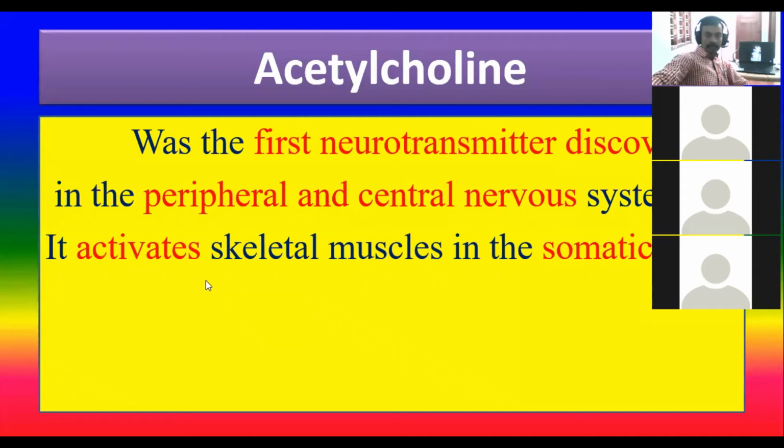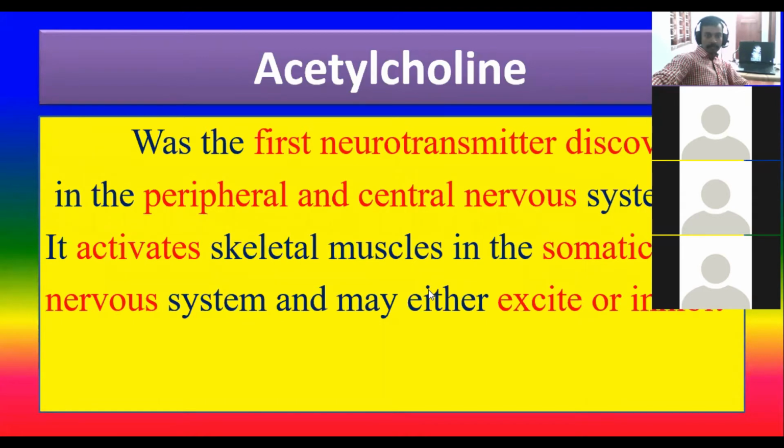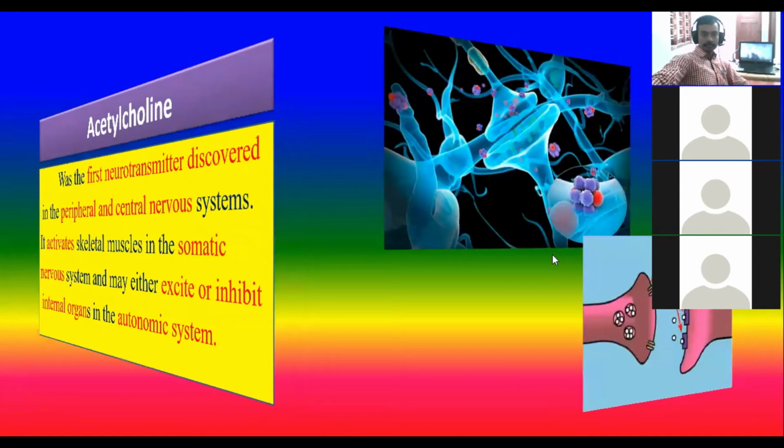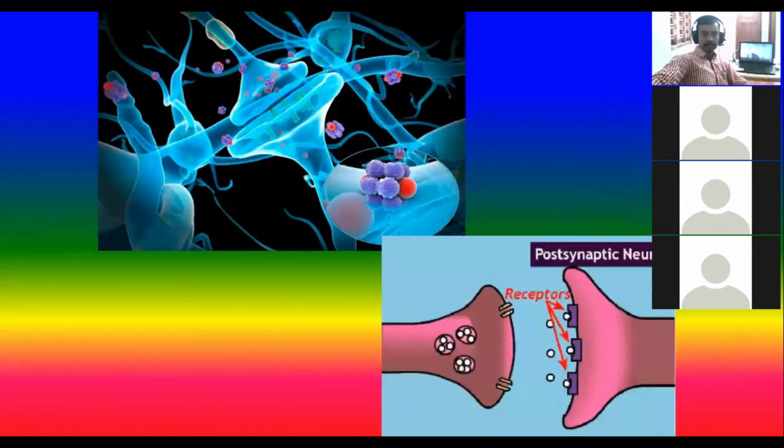The main functions: activates skeletal muscles, somatic nerves, and excites or inhibits internal organs. Mainly this messenger functions in the autonomic system, mainly heartbeat, breathing, etc. Got this, some more pictures are available for better understanding.